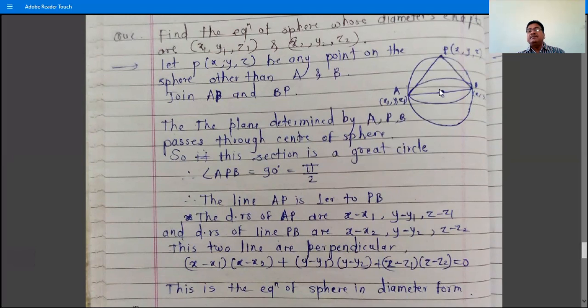Great circle means the largest circle. Its center is C. The center of the sphere is the center of the circle.